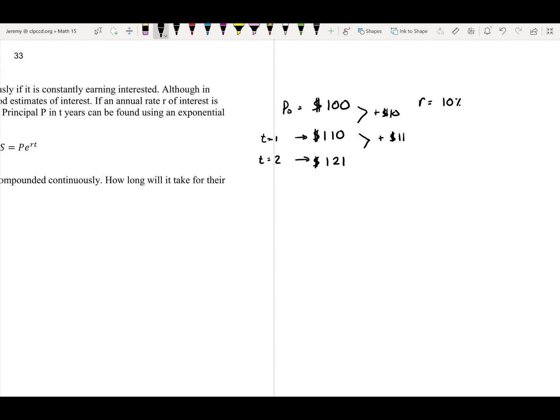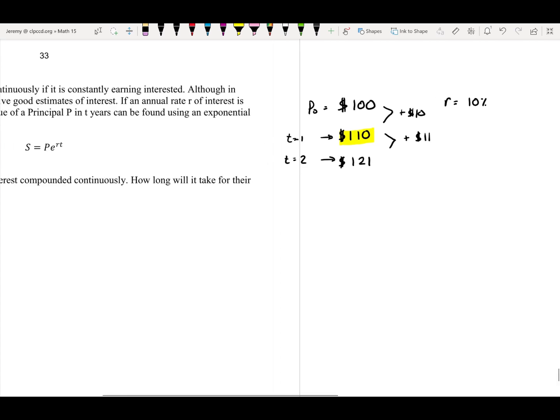So the reason you get $11 added to your account balance this year instead of 10 is because the interest is calculated using this number, not the original number. So that $10 in interest that you earned in the first year, we also earn interest on that in the second year. That's why we get $11, because this is 10% of this balance here.